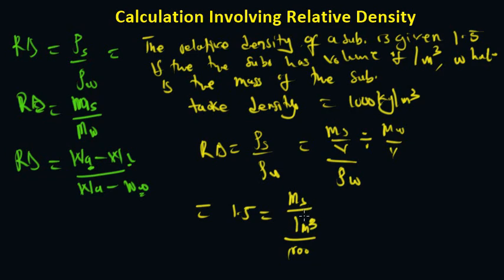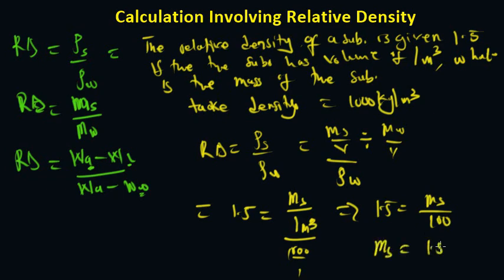Here you can see it's just arithmetic. We know that there's one division here, so we multiply, and this implies that 1.5 is equal to ms over 1 times 1000 meter cube. So we just leave the meter cube, and to find ms, the mass of substance.